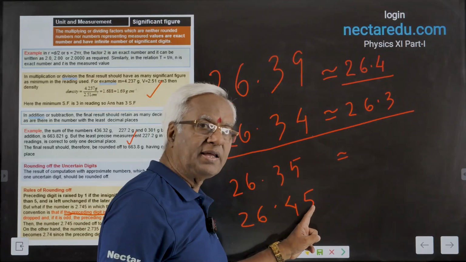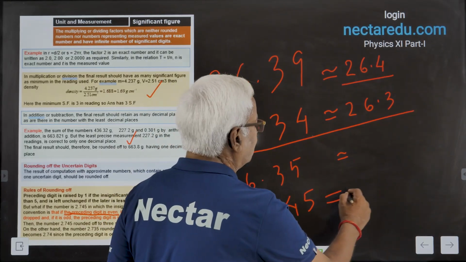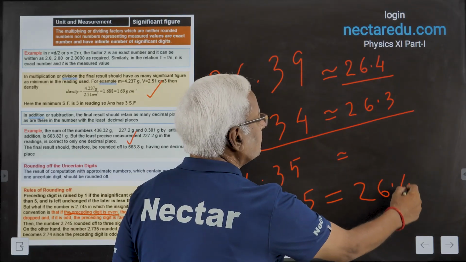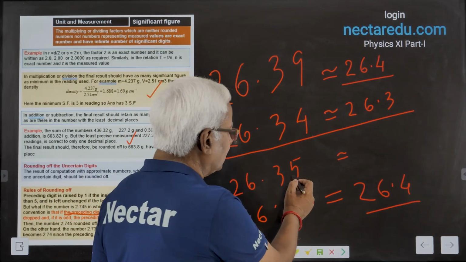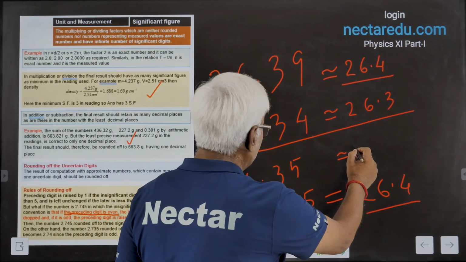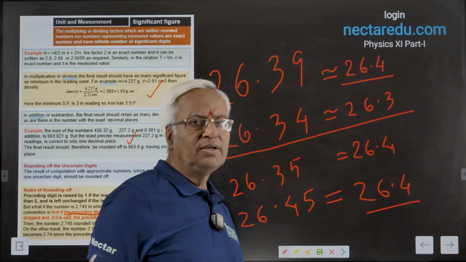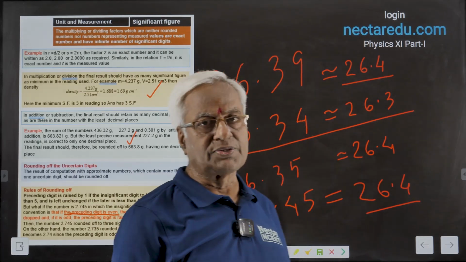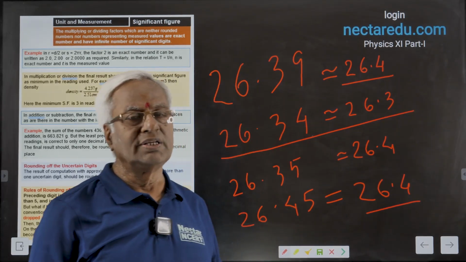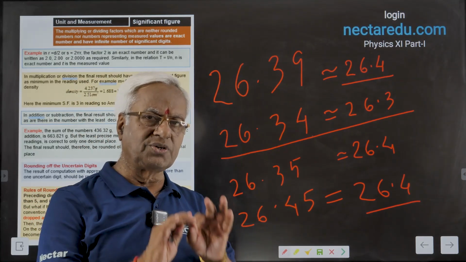You are going to remove 5, but the preceding digit is 4, so it shall be retained as such. It won't be changed. And if the preceding digit is odd, then it shall be increased by 1. So the point to remember is, for removing 5, if the preceding digit is odd, increase it by 1. If the preceding digit is even, just retain it.